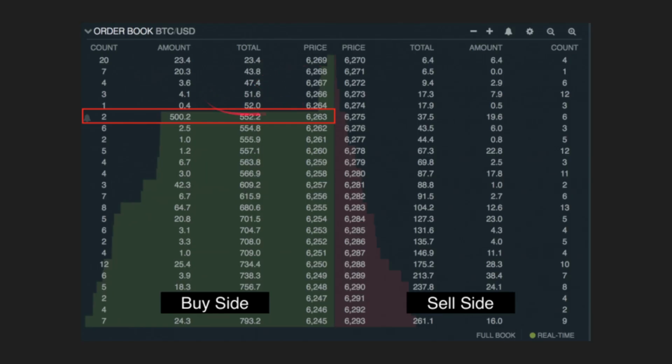And as price goes lower, at the 6,263 price level, there are 500 Bitcoin or up per purchase. So that means there's a significant amount of people trying to purchase Bitcoin, or a significant buy order placed at this level. And we do see as we go down that there's generally a significant amount of orders at this level.